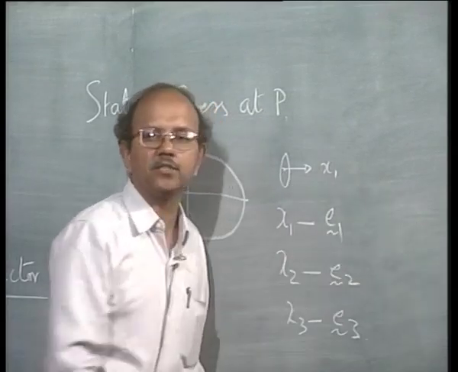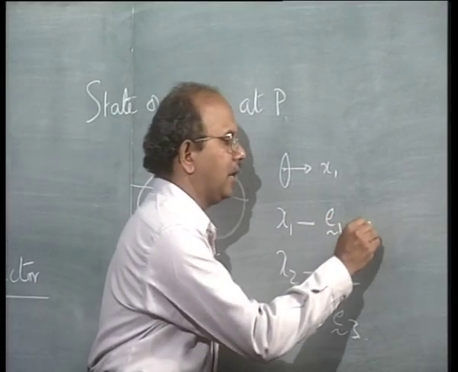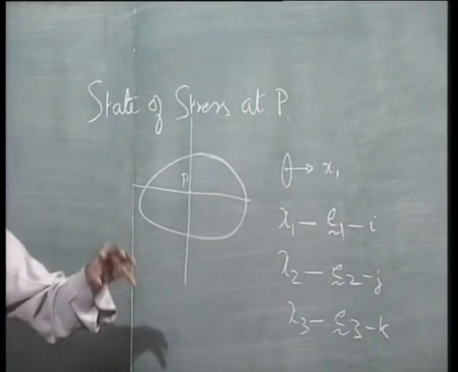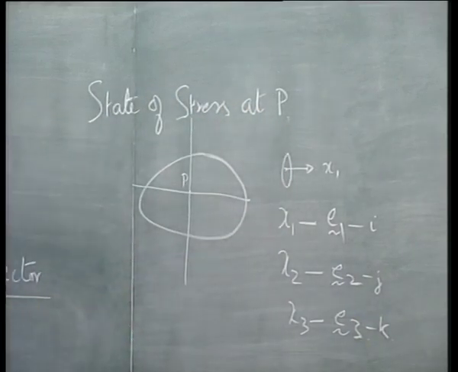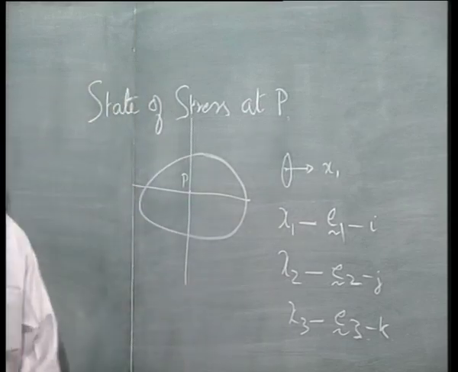In your earlier classes, you would of course have been exposed to this. You would have defined e1, e2, e3 as i, j, k. That is right, i, j and k. Because of certain reasons which will become clear, maybe towards the end of this class, I have defined them as e1, e2 and e3.